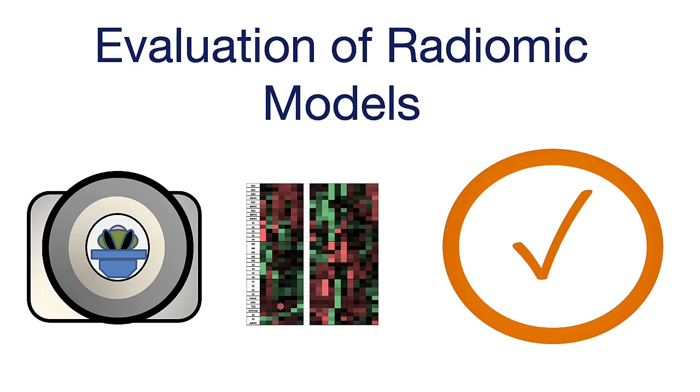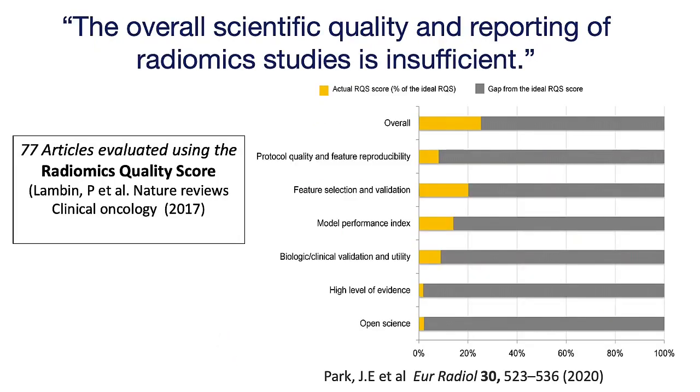Next, I would like to look at how we evaluate radiomic models that we've either found already or will find in the future. And this is an important issue because generally the scientific quality and reporting of radiomic studies has been shown to be insufficient.